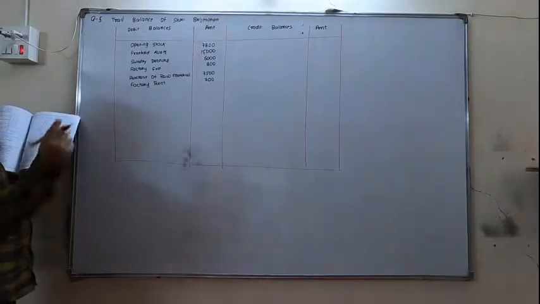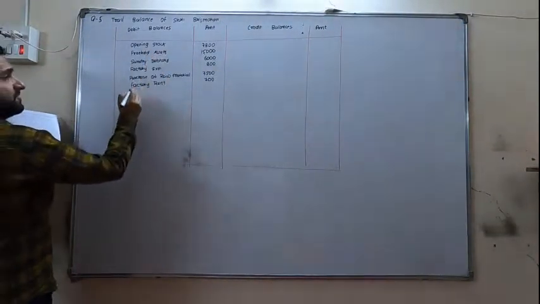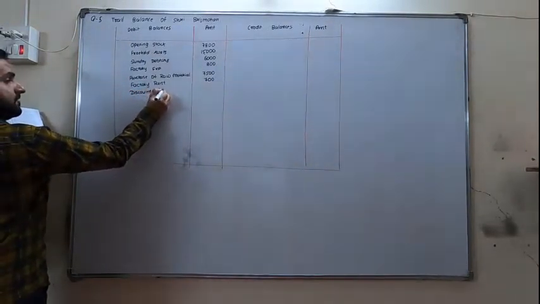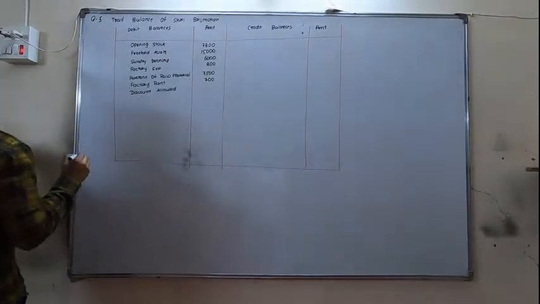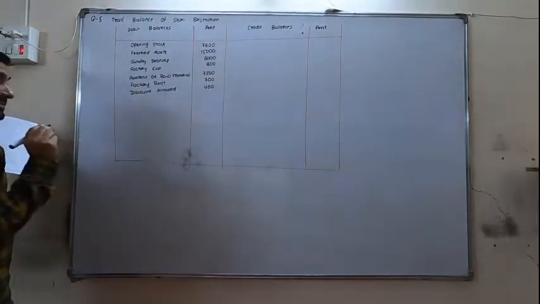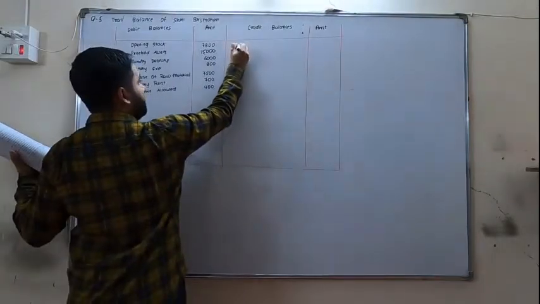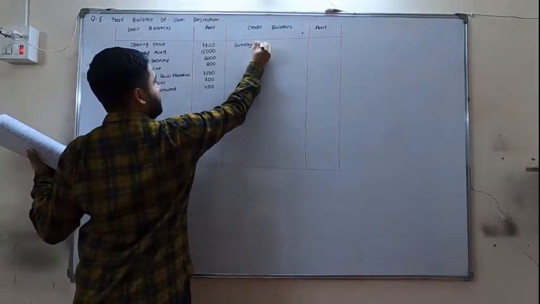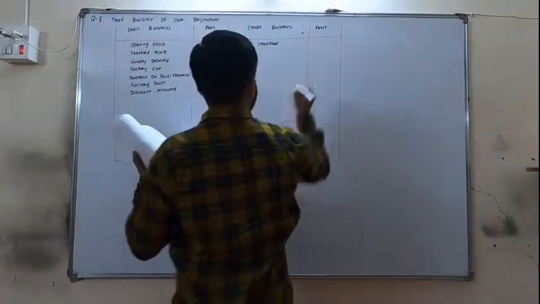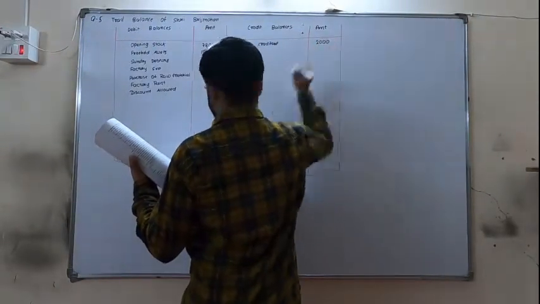See, allowed is an expense on the debit side. If it is received, it is on the credit side. So discount allowed 400. Then sundry creditors have a credit balance, so on the credit side sundry creditors 2,000.